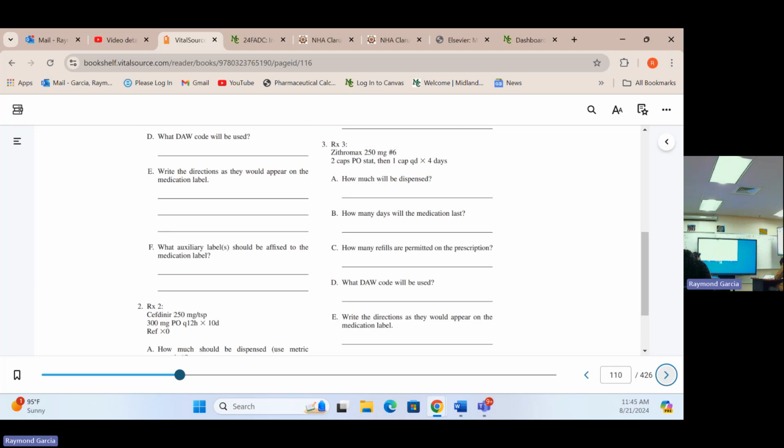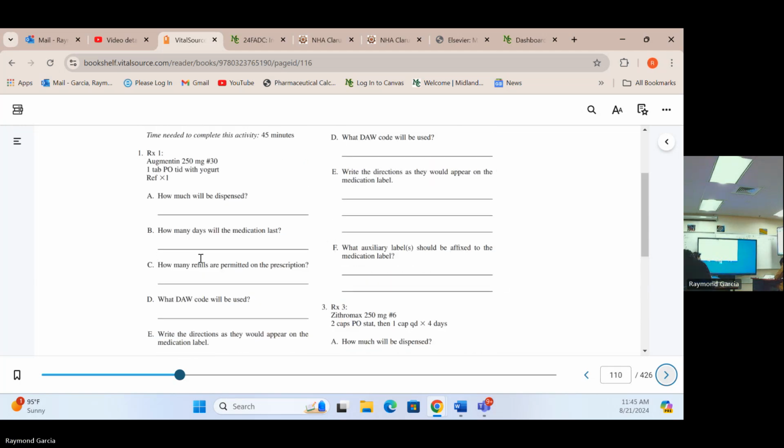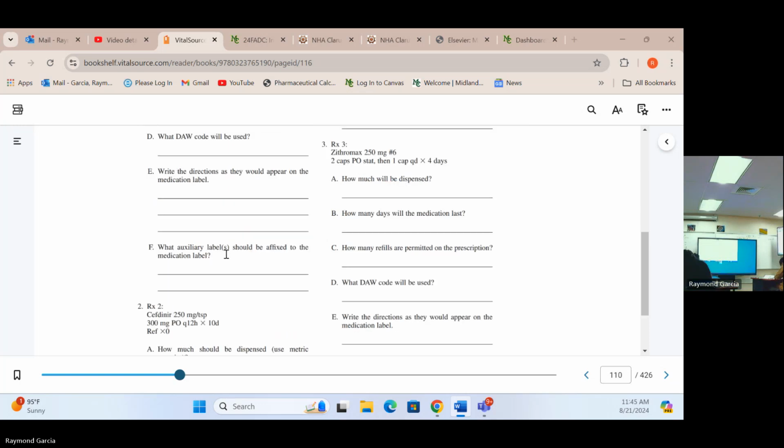What type of auxiliary label do you put on it? Take with food. Yes, take with food. And it is an antibiotic, so take all medicine until completed. Take with food. Be letter E. So that's kind of a repeat from last semester.